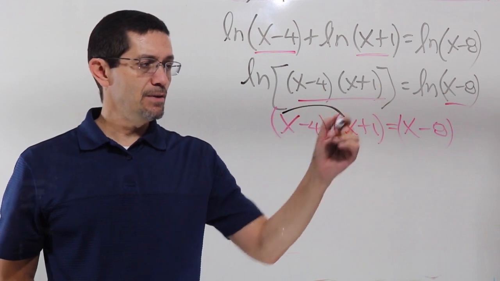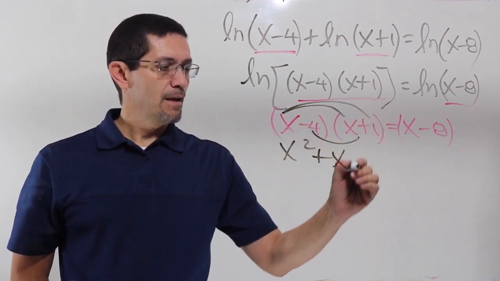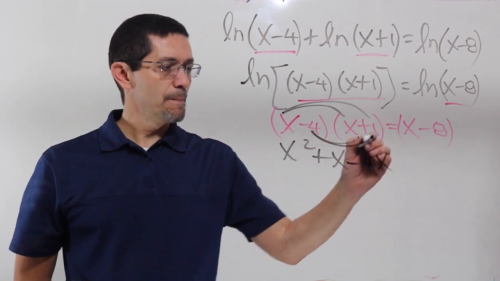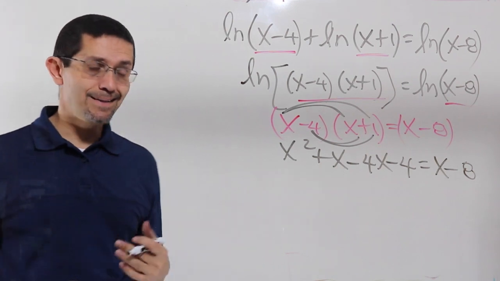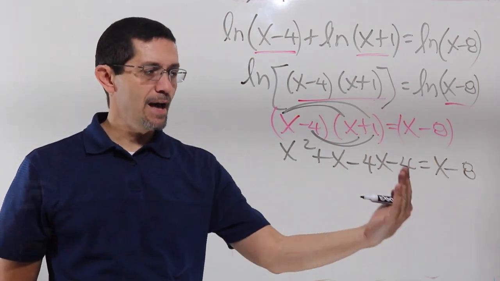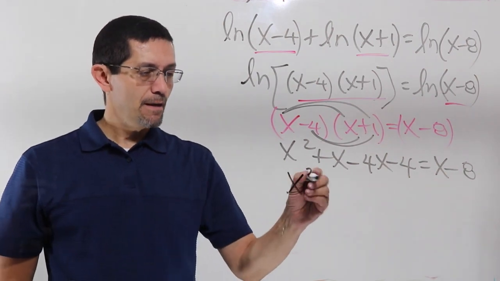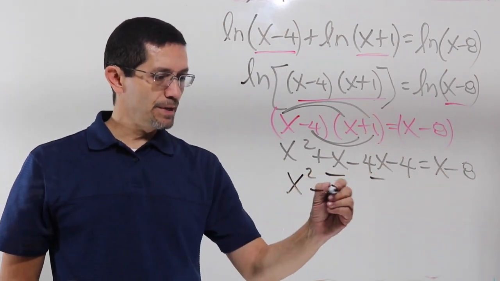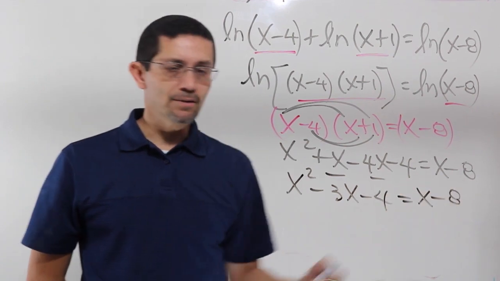I have a product here, so x squared plus x minus 4x minus 4 equals x minus 8. Because I have a quadratic, I have to combine everything and make it equal to 0. X squared, x minus 4x is negative 3x minus 4 equals x minus 8.